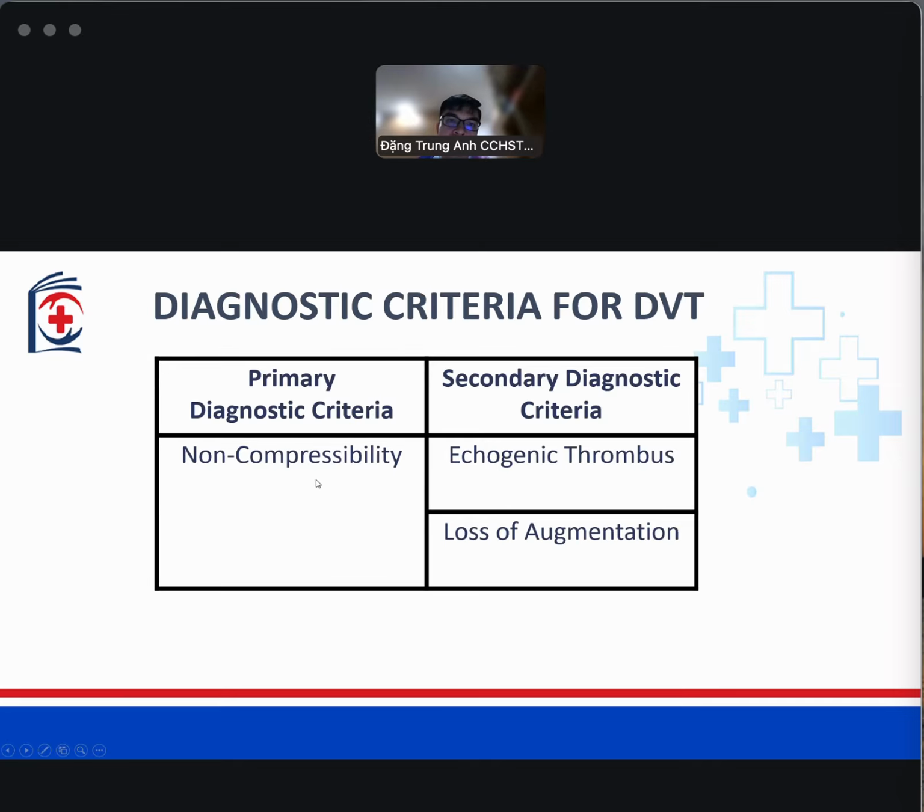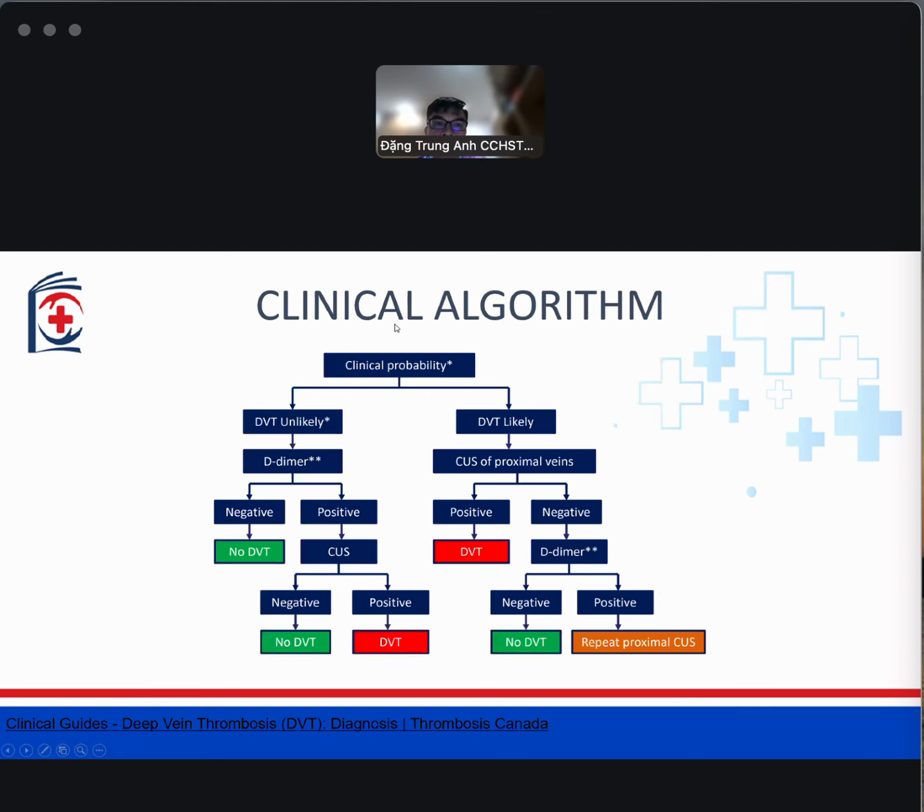So as a summary of the findings, the primary diagnostic criterion for DVT is non-compressibility, and the secondary criteria are echogenic thrombus or loss of augmentation. And this is a clinical algorithm where the patient's probability of DVT, likely or unlikely, is set with the Wells score. If the patient is DVT unlikely, we do the D-dimer test, and if it is negative, we can be sure that the patient has no DVT.